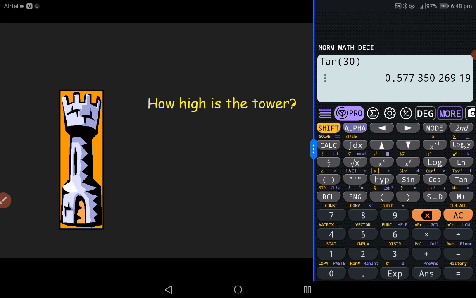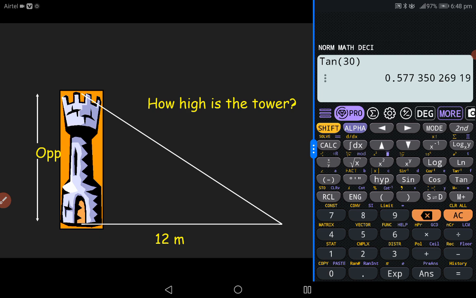All right. So you have the tower as the opposite side, and the horizontal line as the adjacent side, measuring maybe 12 meters, and then the distance from the foot is also given.